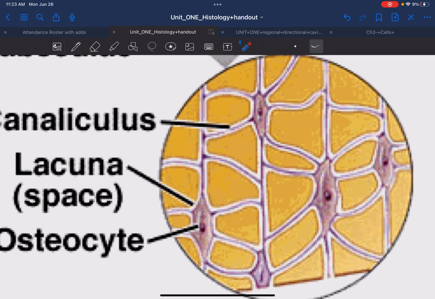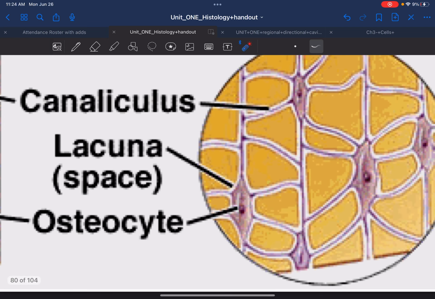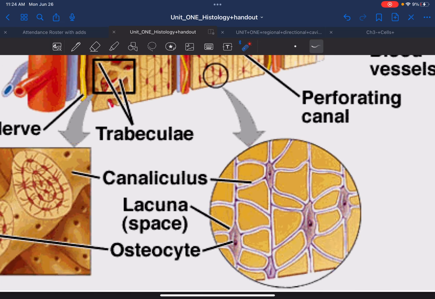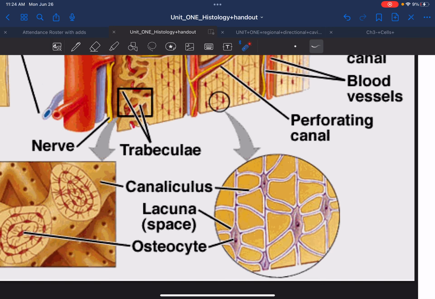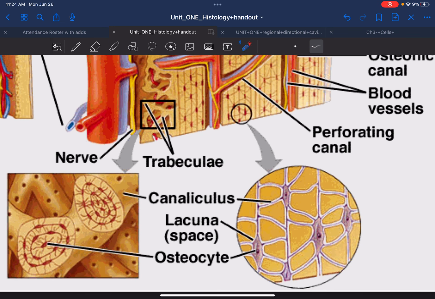And so when your body wants some calcium, there are other cells called osteoclasts which come in, and they just chip away at the actual material itself, which is collagen and a calcium material, and then your body will be able to use that calcium when it needs it. And so it's a living, breathing little structure.